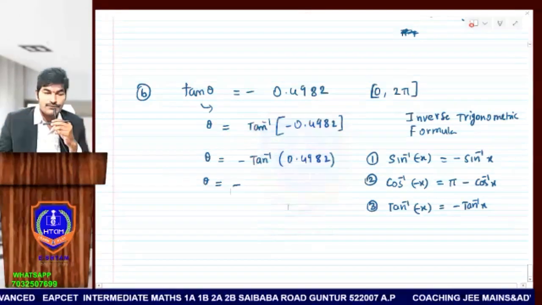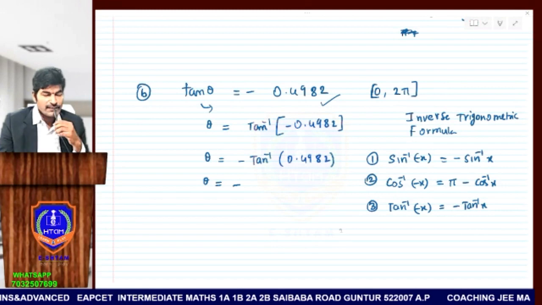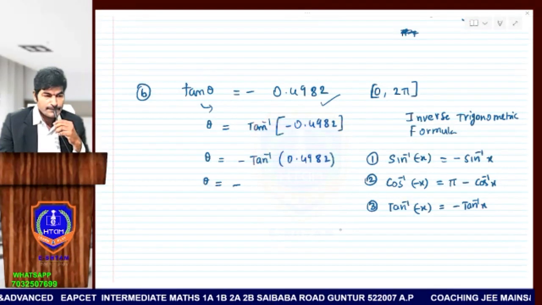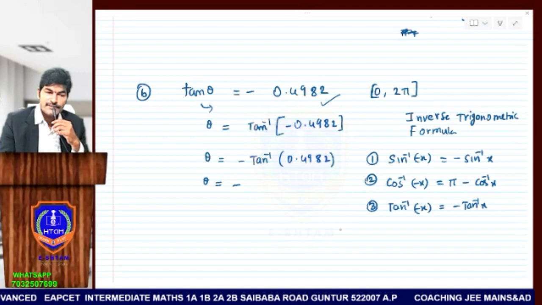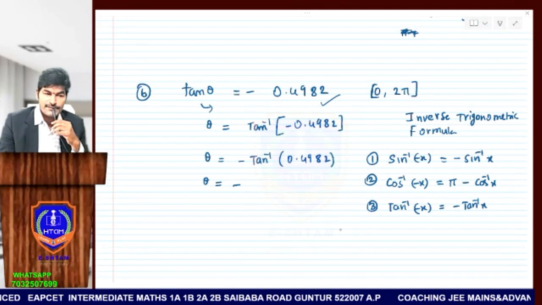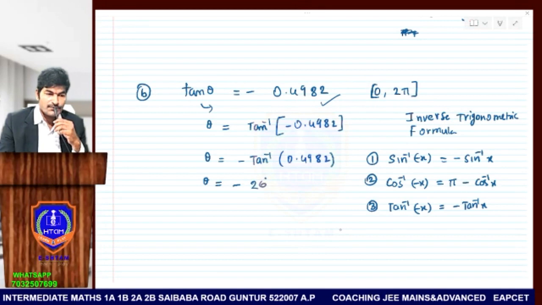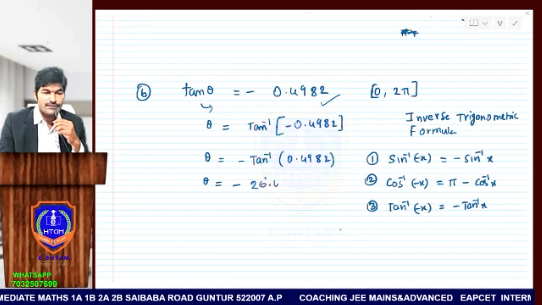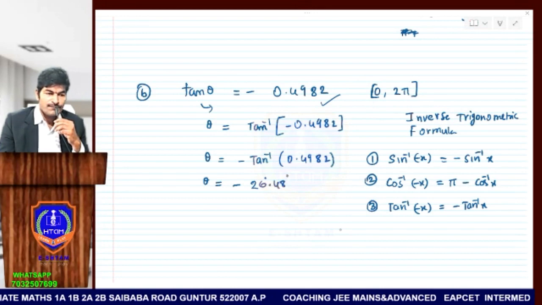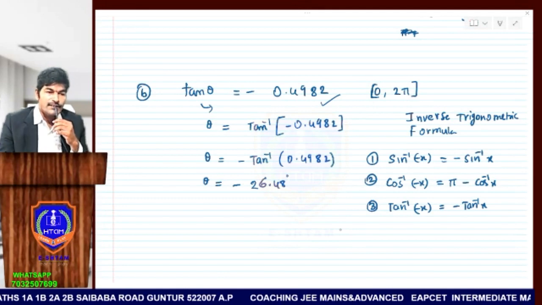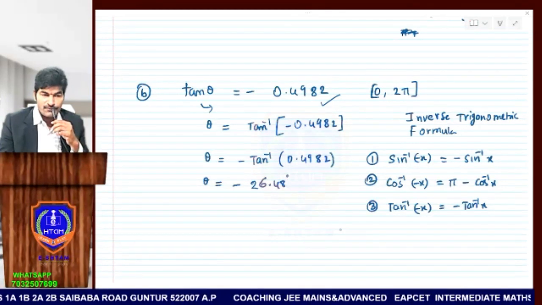You can Google it. Minus 26.48. 26 degrees. Is it correct? Minus 26 degrees, 26.48 degrees, right? Yeah, this is minus 26.48 degrees. Now we have to identify the value from 0 to 2 pi.